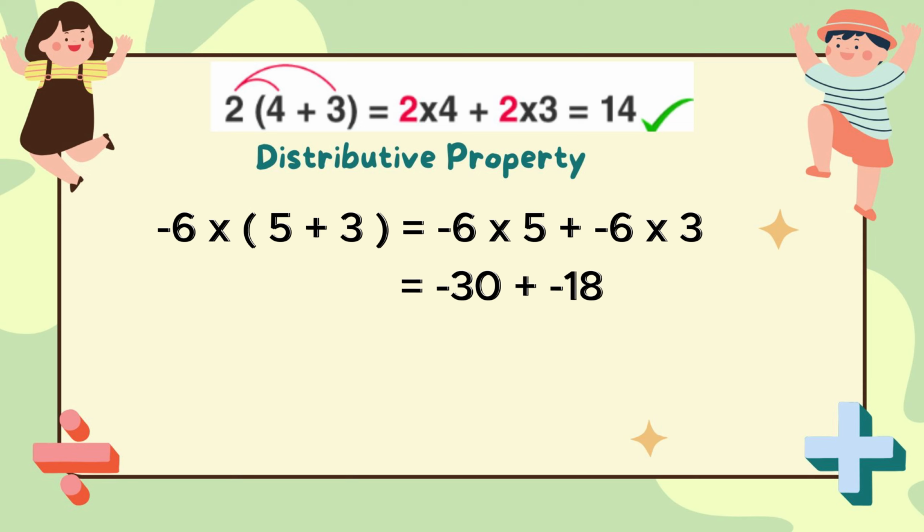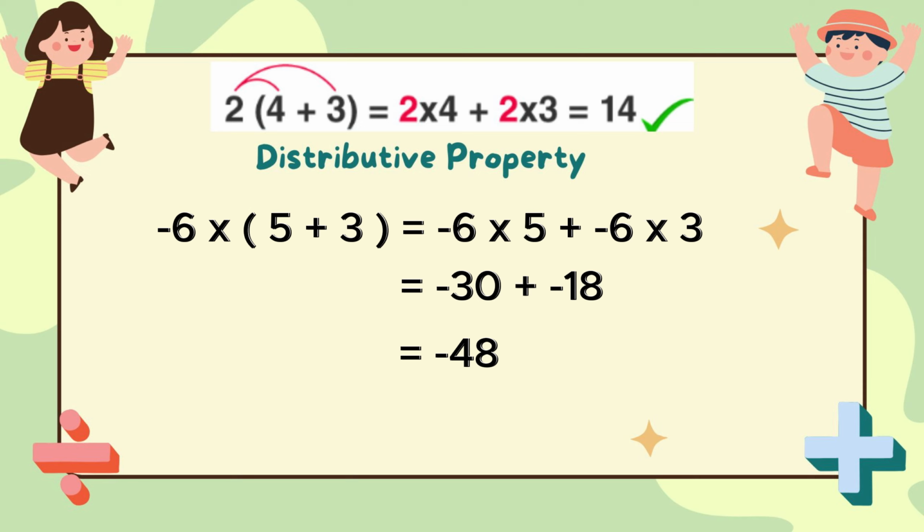Now, if we go back to our rules for adding, negative 30 and negative 18 have the same sign, so add and keep the sign, so that's negative 48. Now, let us see if we get the same result if we don't use the distributive property.